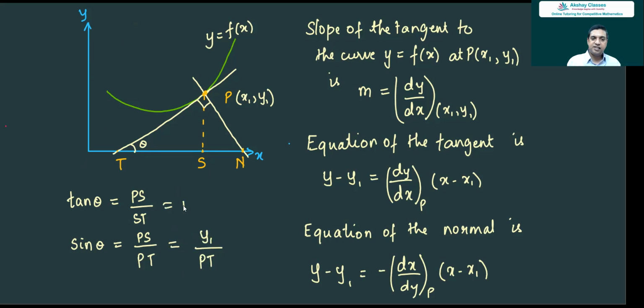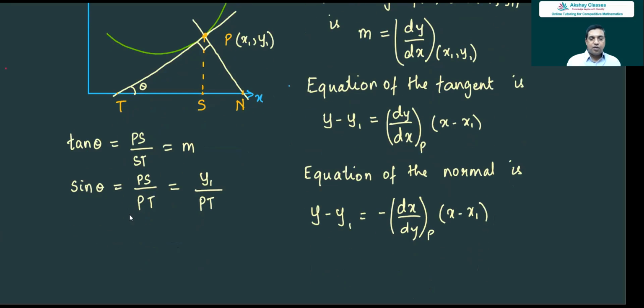Now let's say tan theta is m, the slope. Tan theta is the slope of this line, and the slope of this line is the tangent to the curve, so that will be equal to m. So tan theta is this. So sin theta, by trigonometric ratio, if tan theta is m, sin theta will be m upon root of 1 plus m square.